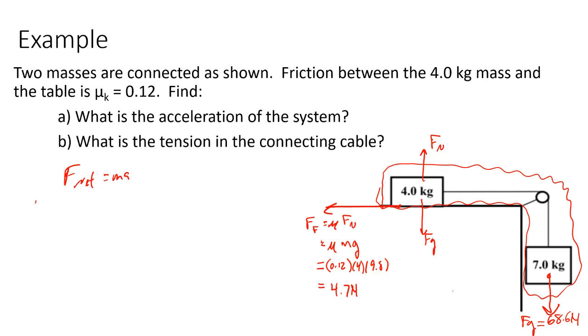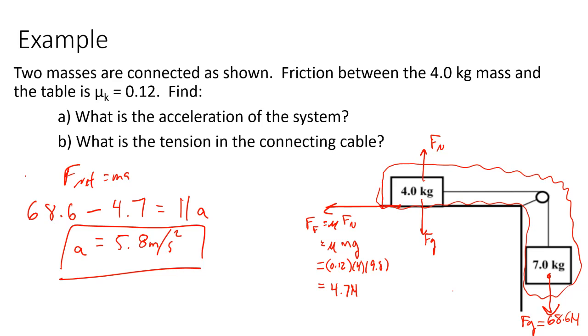The two forces that are acting on this thing are going to be the force of gravity from the 7 kilogram mass, and then we'll also have some friction from the mass on the table that's trying to stop this thing from moving. The total mass that's being accelerated here is 7 plus 4, or 11 kilograms. So there's our force line, and if we plug and chug for this, we should find that acceleration is 5.8 meters per second squared.